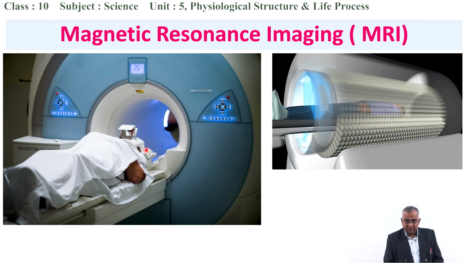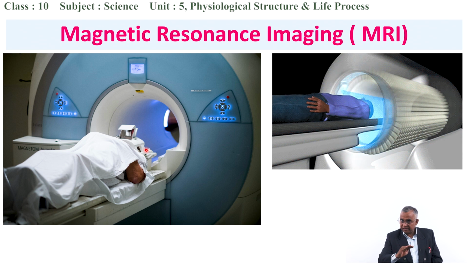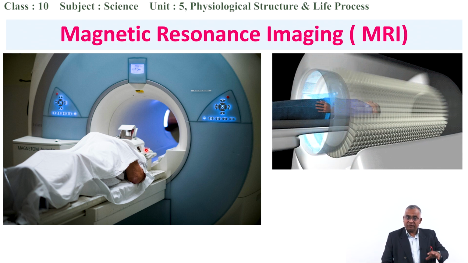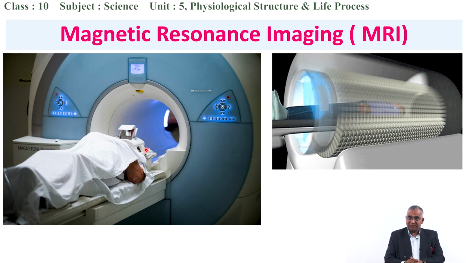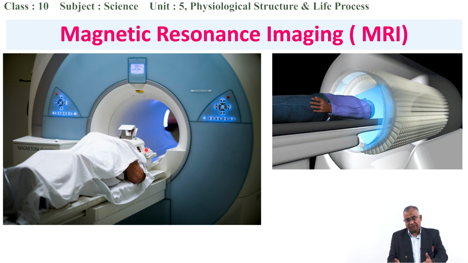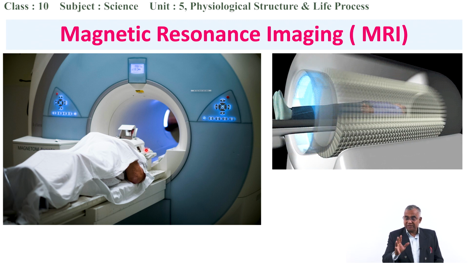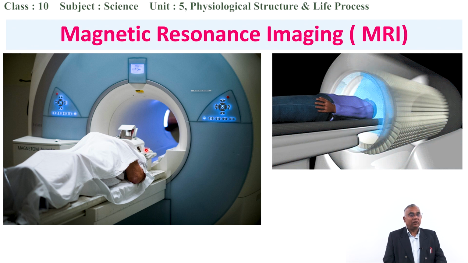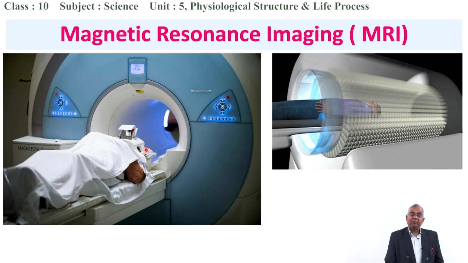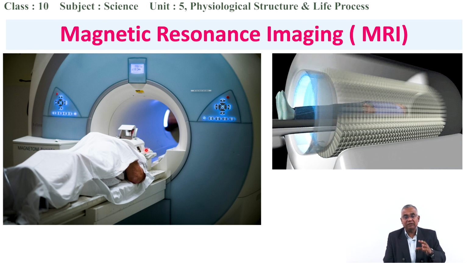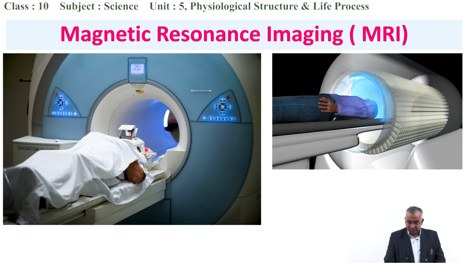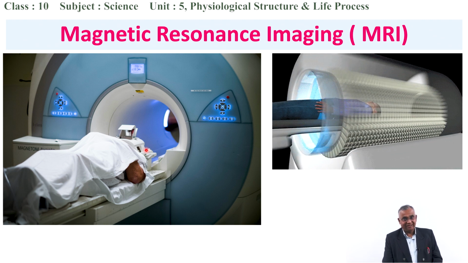So you can see next, the person is passing inside that machine, and that magnetic energy helps to find out what? 3D pictures. And by studying that, it can be found whether the heart is really functioning well, and whether the blood vessels of the heart are okay or not. This thing is analyzed.